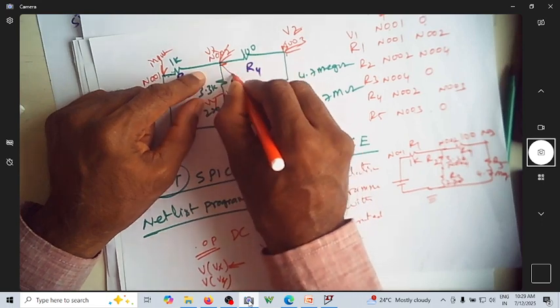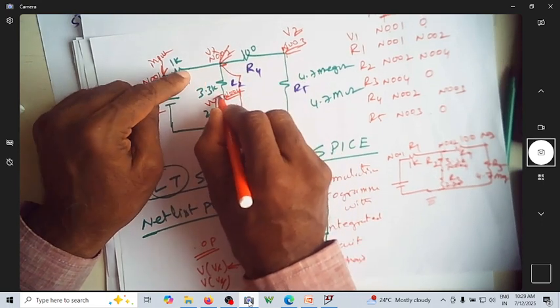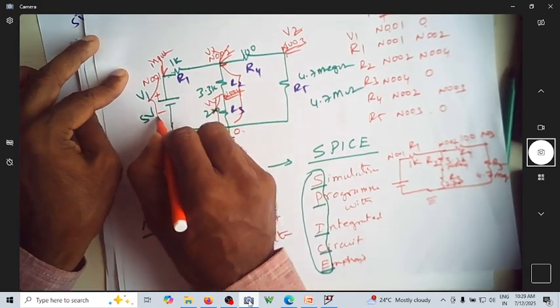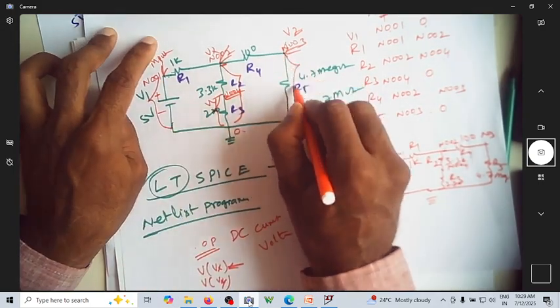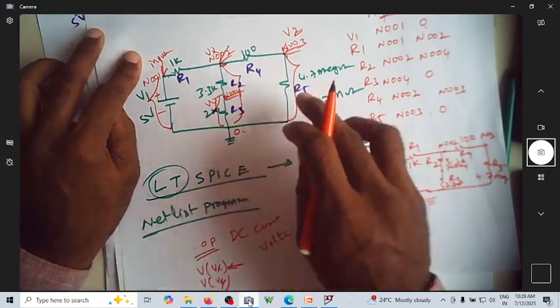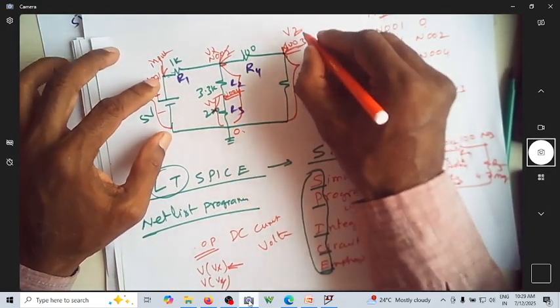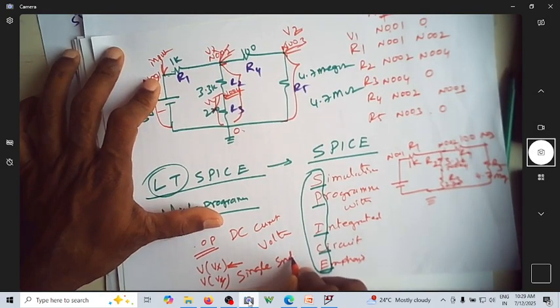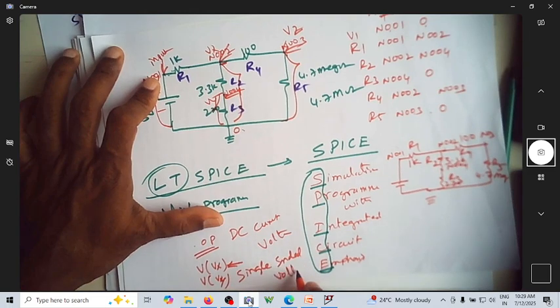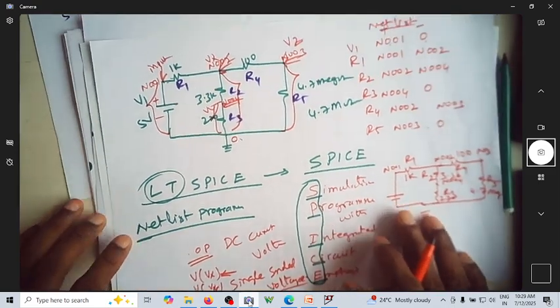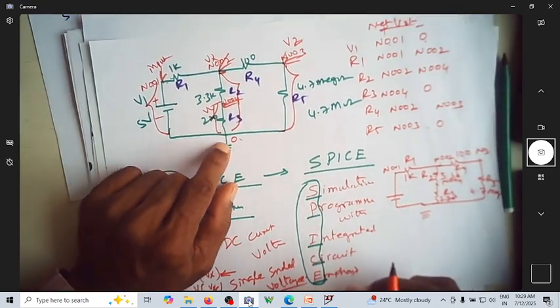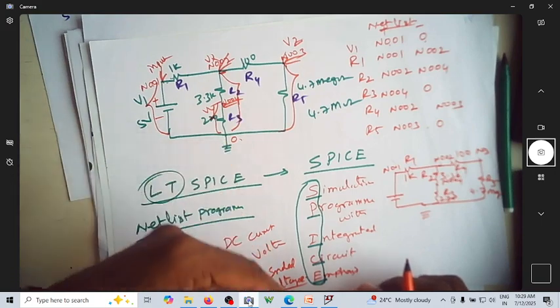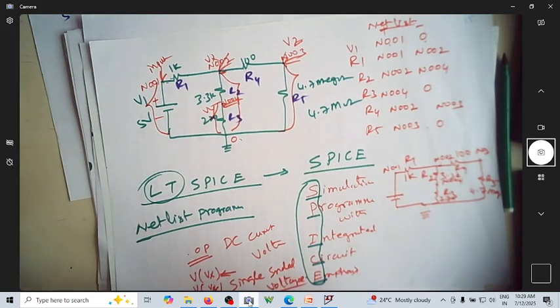So this voltage is Vx, this is Vy, this is input, this is Vz. All these are called single-ended voltages. Single-ended voltage means that if the reference is ground, all measured voltages are called single-ended voltages.